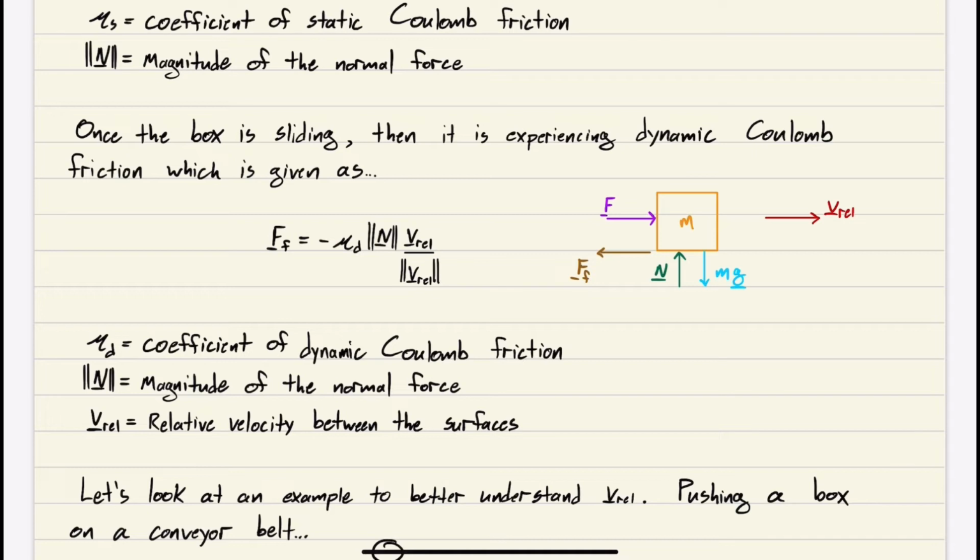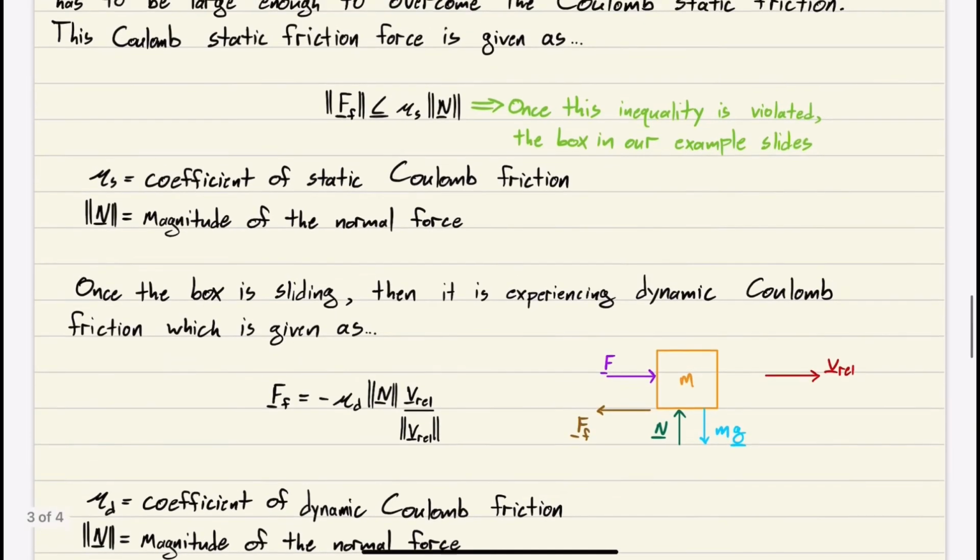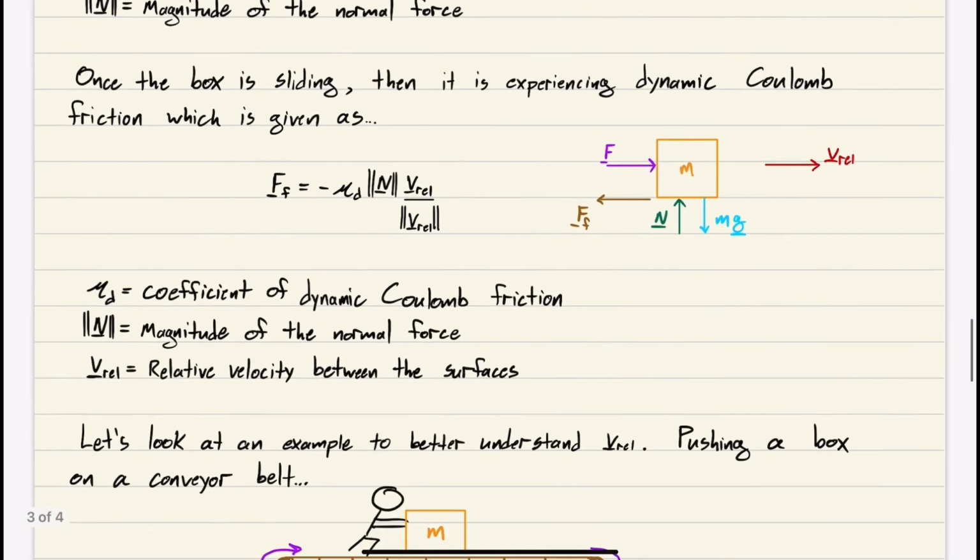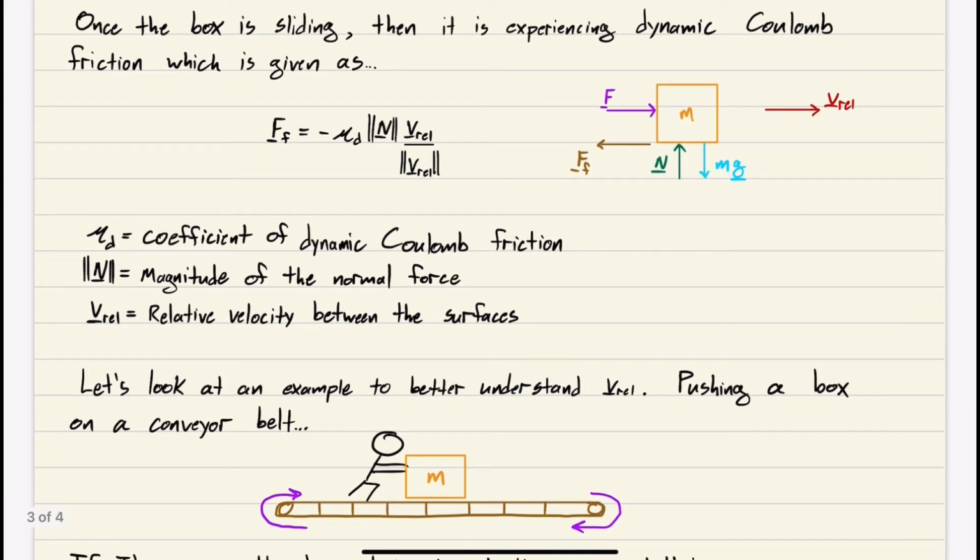Again, this is just a number. Mu sub s and mu sub d are usually taken from experimental data. N is the magnitude of the normal force. Our force of dynamic friction, and also static friction, depends only on this N, the magnitude of the normal force.